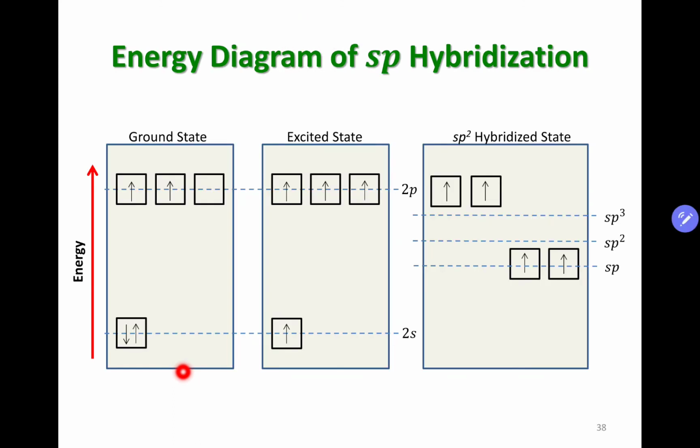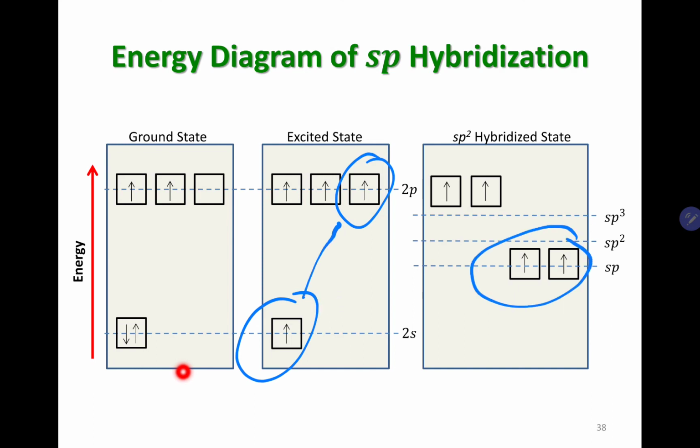So here is the ground state of carbon, just like before, and then one of the paired electrons will be excited to a p orbital. For the hybridization you use one p orbital with the s orbital, so you only get two hybridized orbitals.